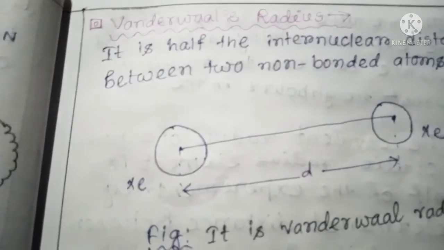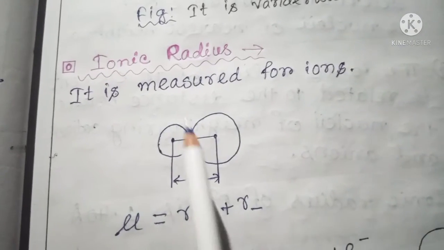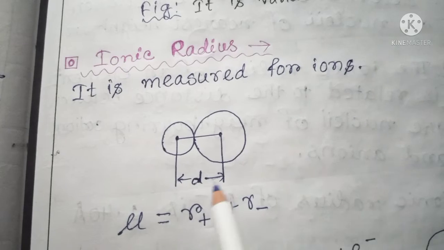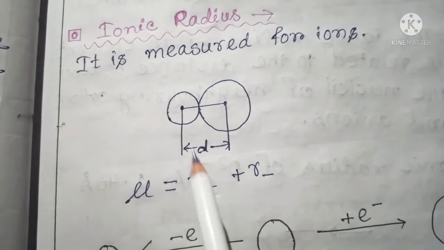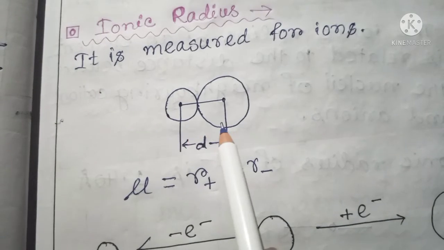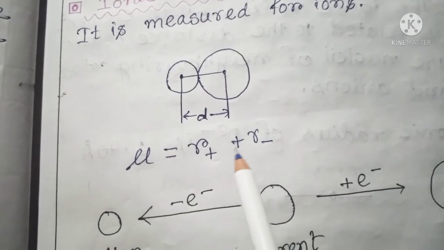Next is ionic radius. It is measured for ions. Now we write these two ions, this is the cation and this is the anion. So the internuclear distance will be R plus plus R minus.